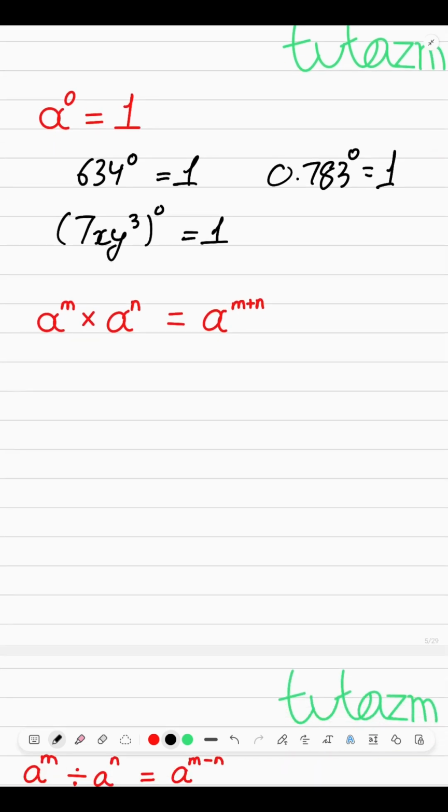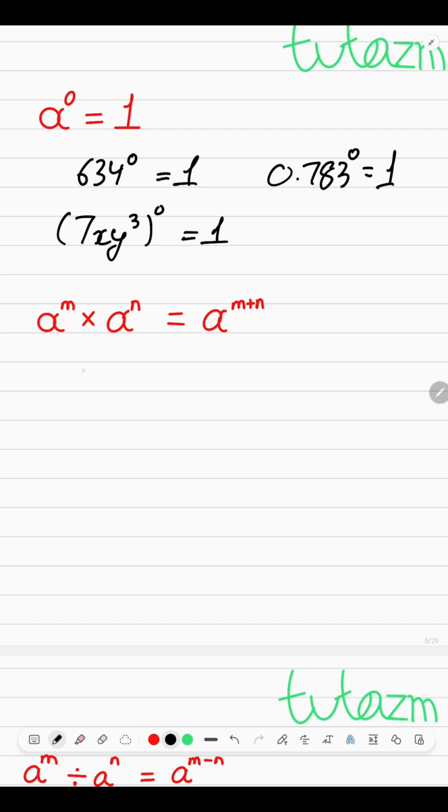The next law that we have is that when you have two numbers that have the same base and you multiply them by each other, their indices are added together to give you the product of those numbers.